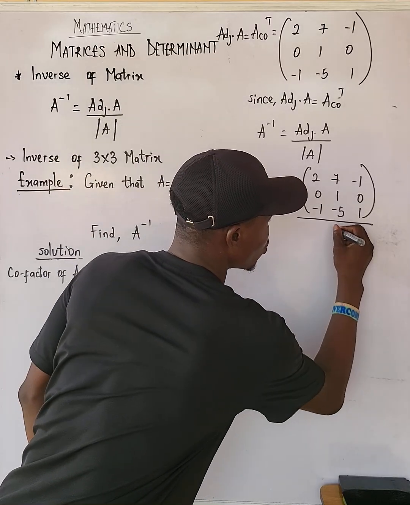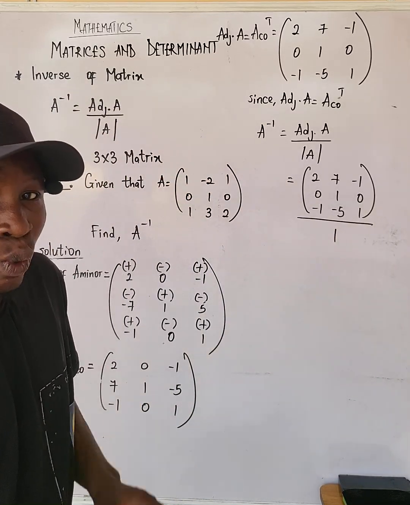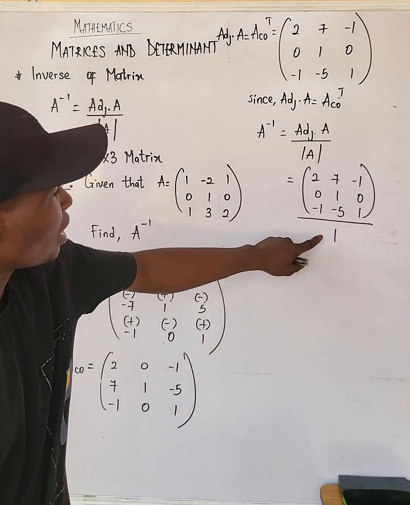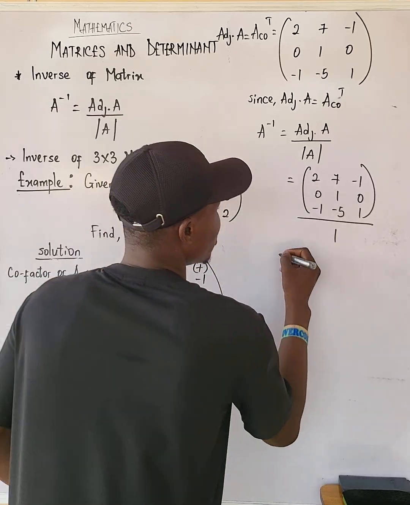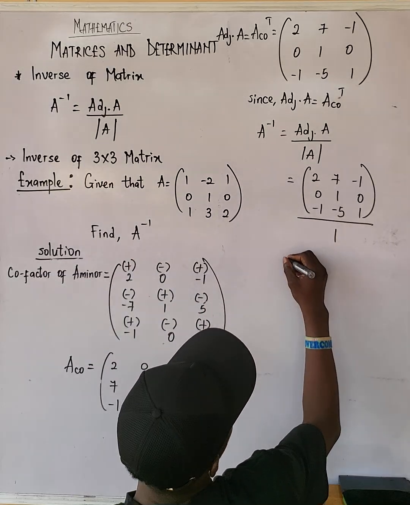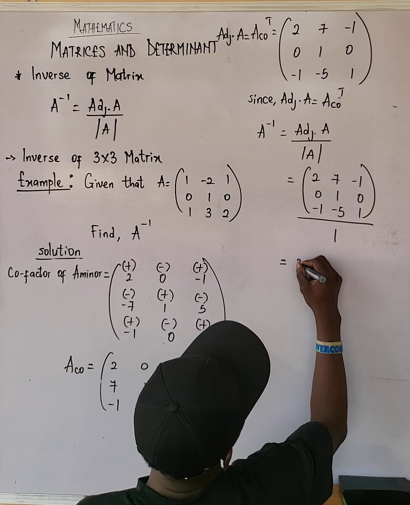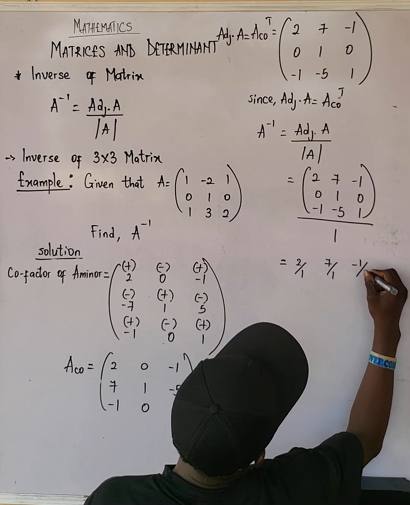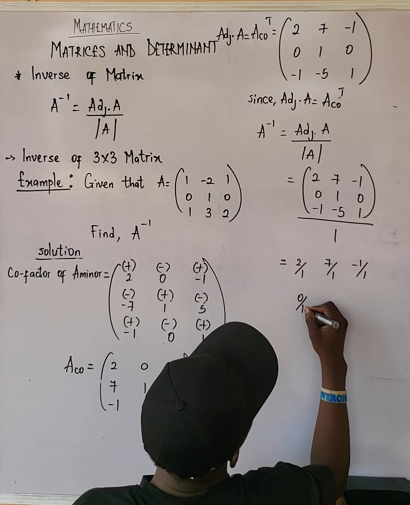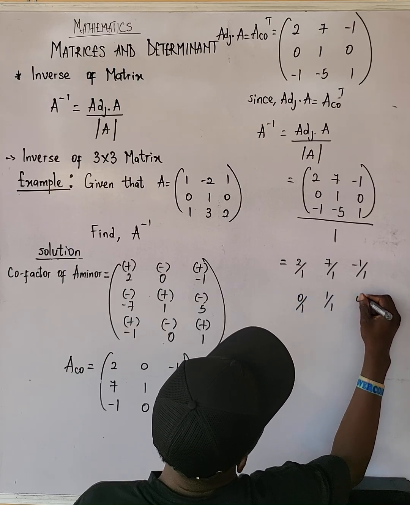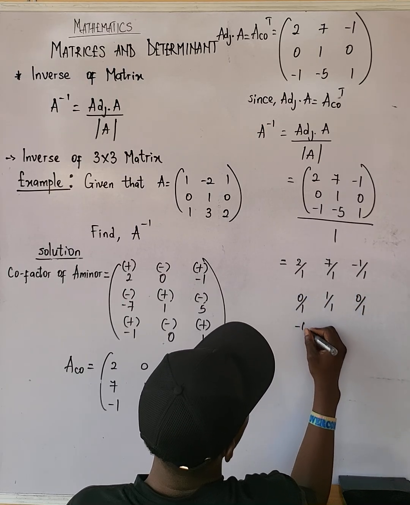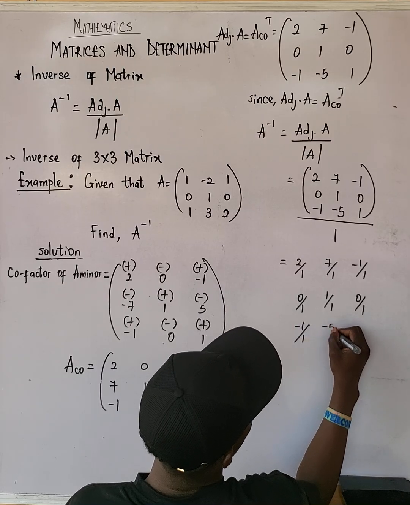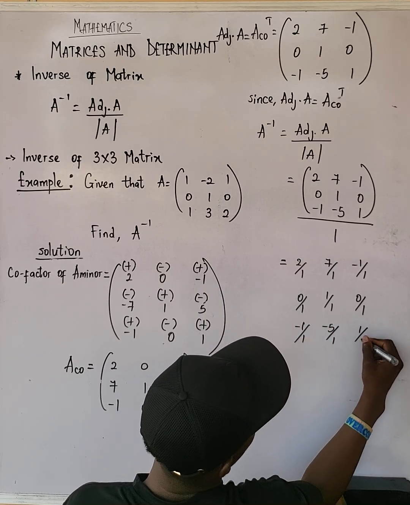Don't forget, we got 1, right? We got 1 for the determinant. So we divide all the terms inside by 1, and it's still the same answer: 2 divided by 1, 7 divided by 1, minus 1 divided by 1, 0 divided by 1, 1 divided by 1, 0 divided by 1, minus 1 divided by 1, minus 5 divided by 1, 1 divided by 1.